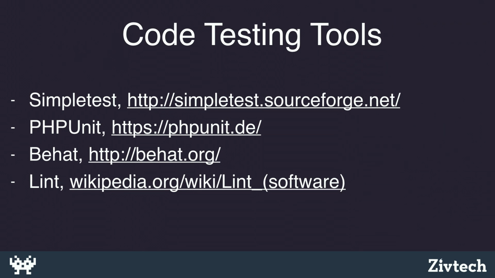And then we have lint. I feel that's more for JavaScript in most cases, but it's a generalized term to describe a tool that analyzes your code. So you could write a lint tool to analyze your bash scripts or whatever.